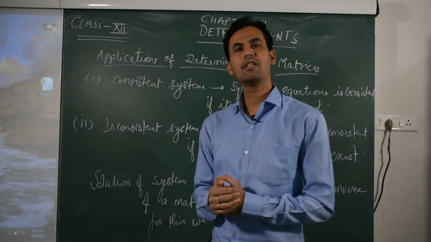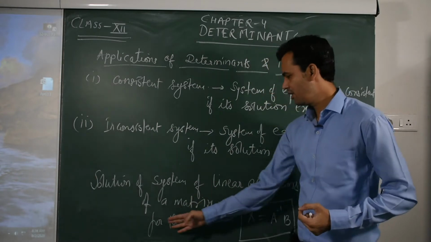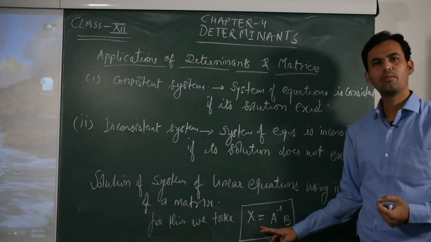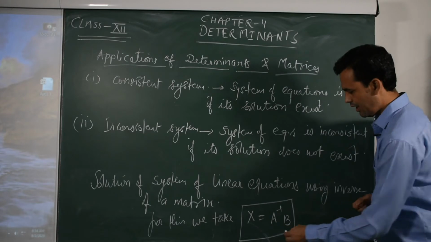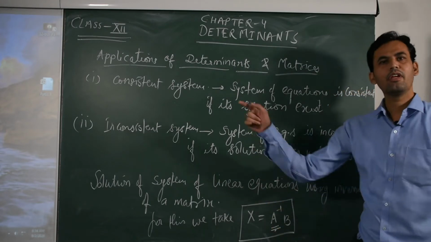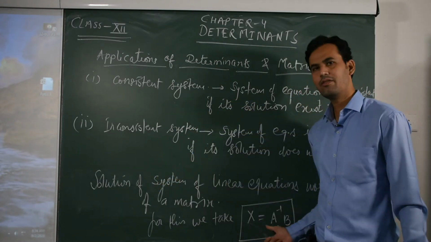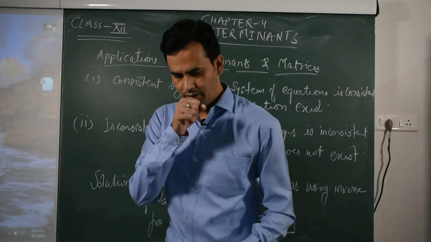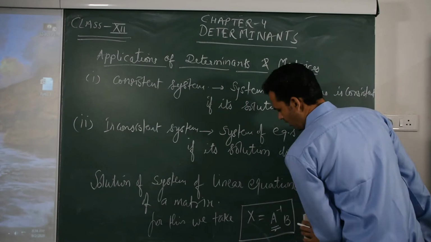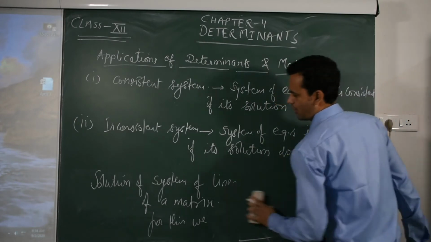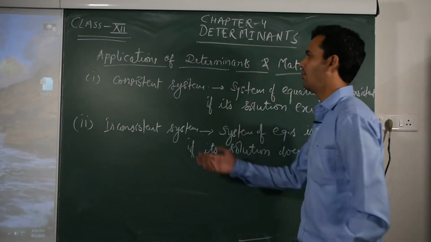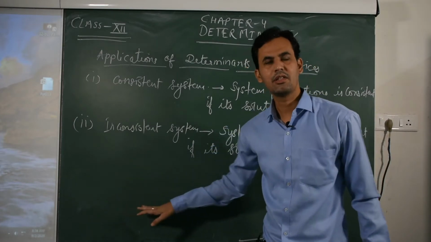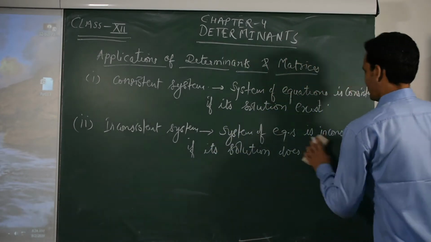So by matrix method we will solve all the equations, and for this we take this formula: X equals A inverse B. A inverse means inverse of A matrix, and B is also given, and X denotes variables x, y and z. So let's start exercise 4.6, which is about consistent, inconsistent and system of solutions of linear equations.